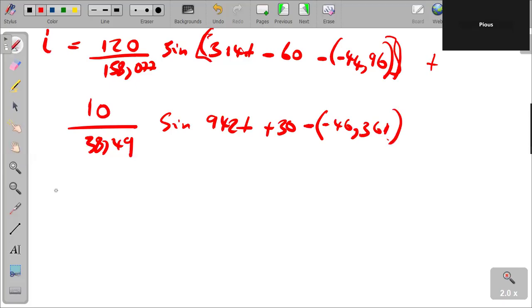So it means I is equal to 0.759 sine 314t, and we now simplify this.